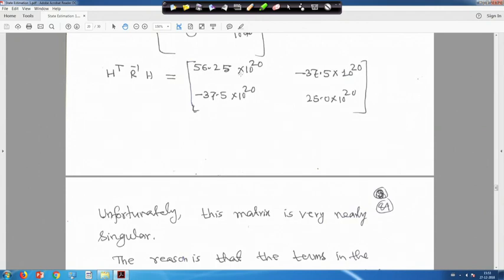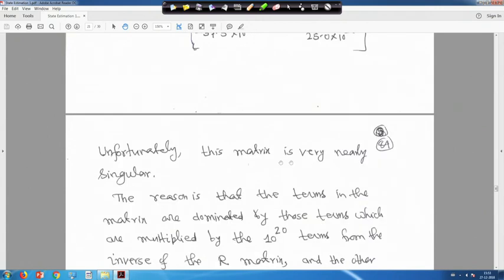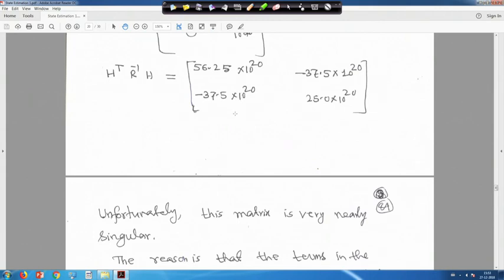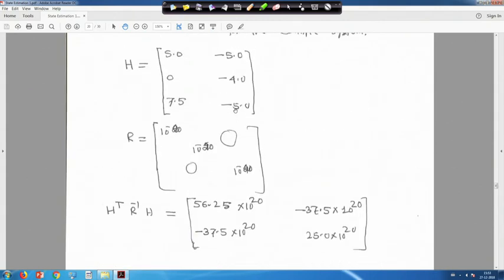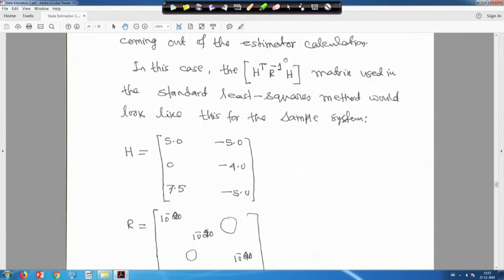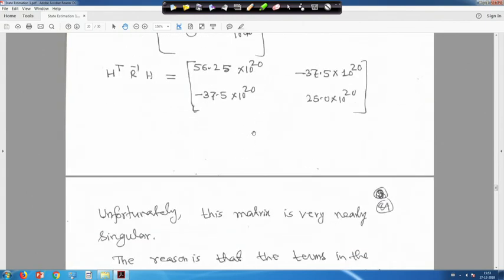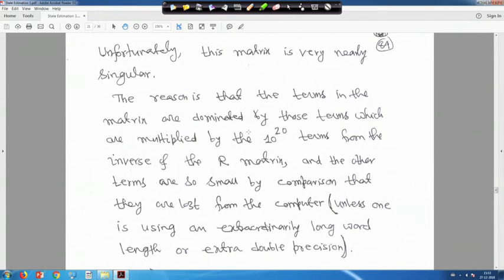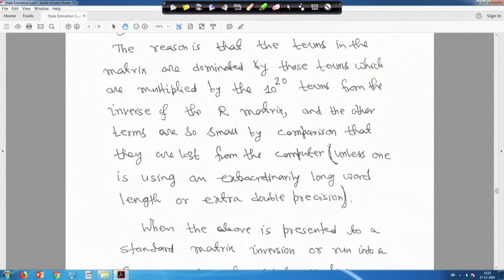These values are very large. Unfortunately, this matrix is very nearly singular. Singular means its inverse may not exist, and ultimately you have to calculate this inverse. The reason is that the terms in the matrix are dominated by the terms multiplied by the 10 to the power 20 terms from the inverse of the R matrix, and the other terms are so small by comparison that they are lost by the computer, unless one is using an extraordinarily long word length or extra double precision.